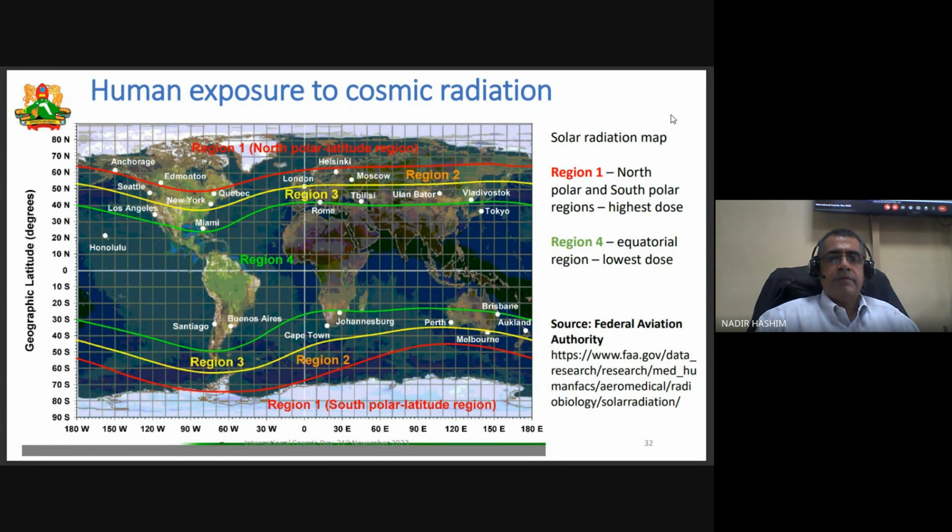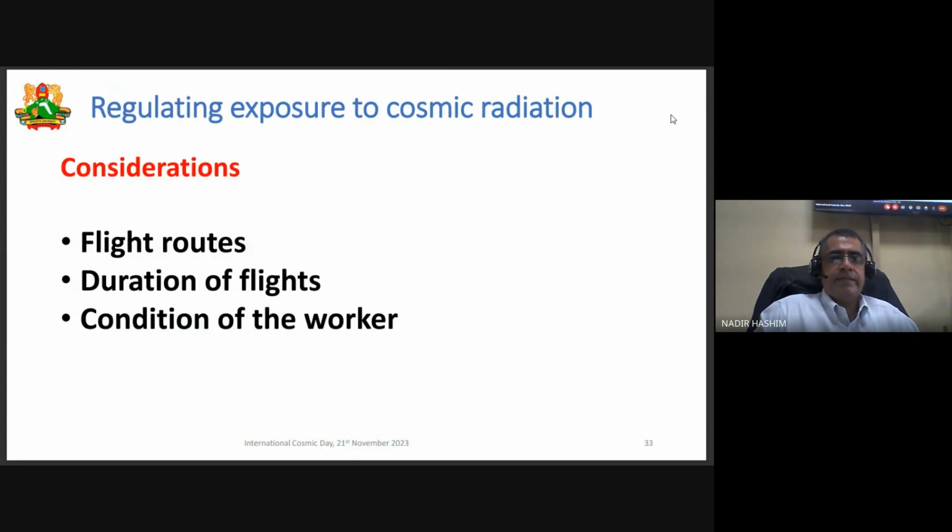So aviation workers are monitored for their cosmic ray dose. And once they reach the annual limit for radiation workers, they are rerouted and or they are simply grounded. So I'm happy that in Kenya we have adopted the ISO standard for regulation of human exposure to cosmic radiation.